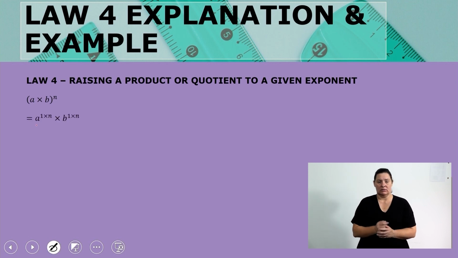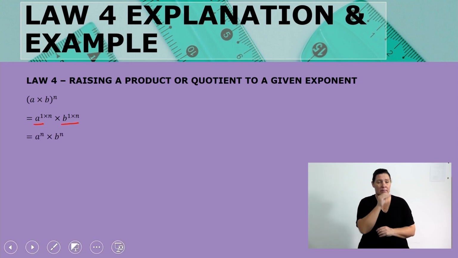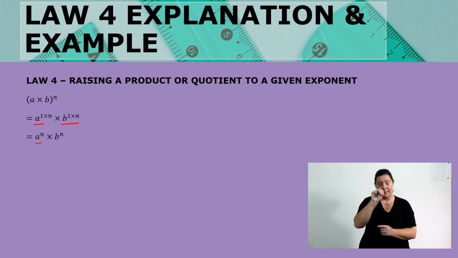Can you see here that each factor is going to get that exponent? So the exponent belongs to each of the factors being multiplied. That means our answer is going to be a to the exponent n multiplied by b to the exponent n. So each factor will get that exponent.